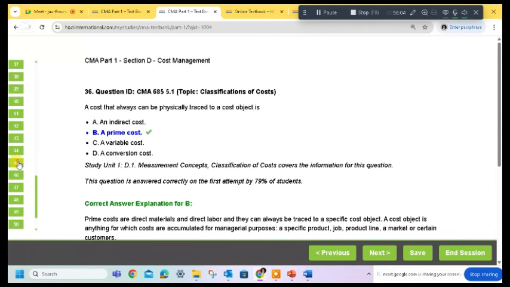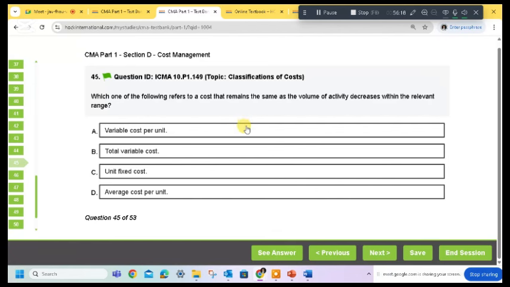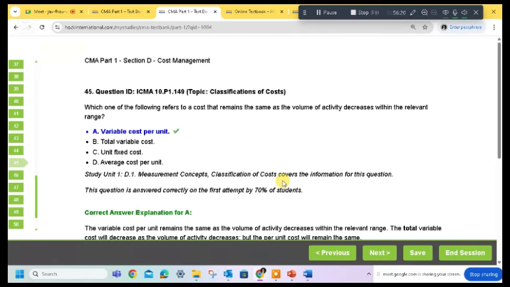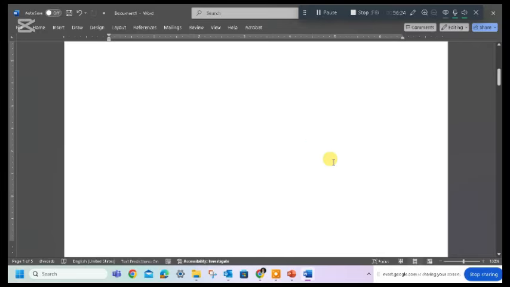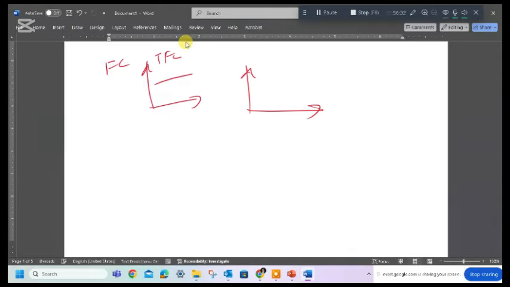Yes, there are two things that I said will be constant when the number of units changes. Remember, if I revisit the graphs, for fixed cost, total fixed cost is constant. Fixed cost per unit is a curve. Variable cost, total variable cost is a straight line like this.